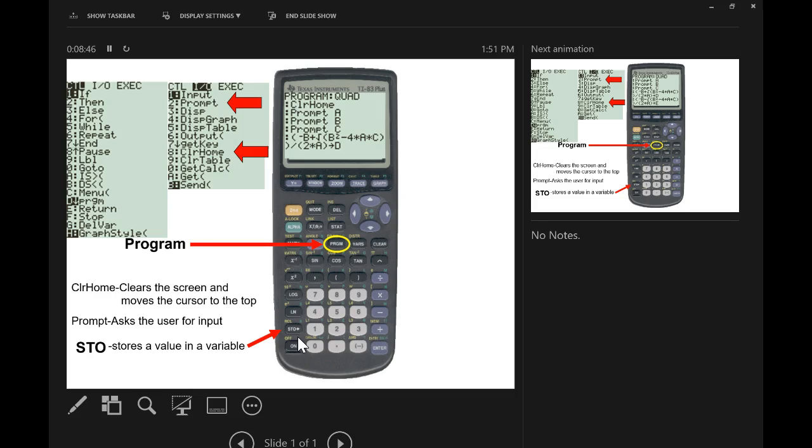Now, when we are typing this in, it's very important that it looks identical to what I've typed here. It's this STO button right here to get the arrow.